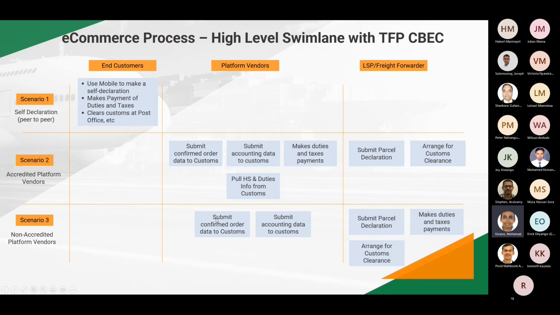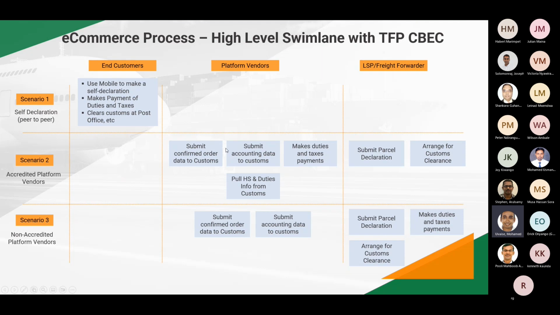So one of the approaches that could be done, let's say if we take scenario 2, is that the end customer would perform the purchasing on the online platform, but it could be the vendor who takes part in an accreditation program. They are accredited by the authority, and they have some kind of submission where they could submit to the platform, and this could be done through integration, or we also have a bulk upload feature where a simple Excel could be filled up with all the different commodities, items, details on the parcels, and such information could be submitted to the platform.